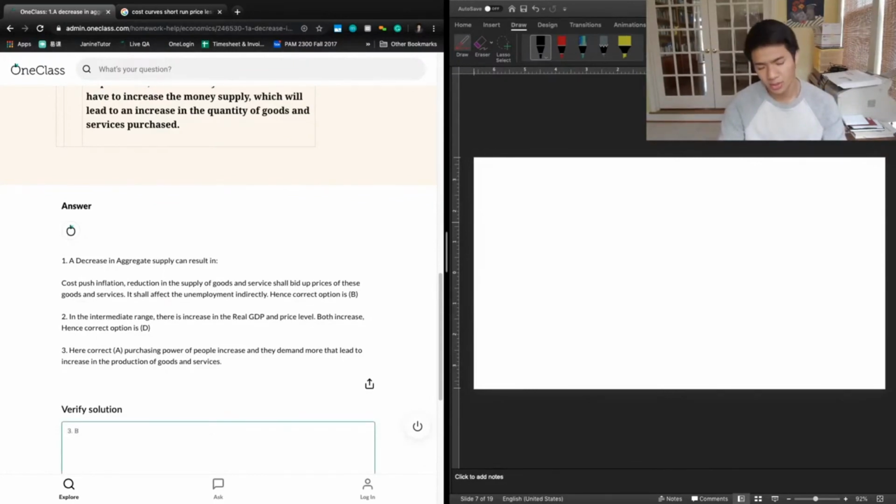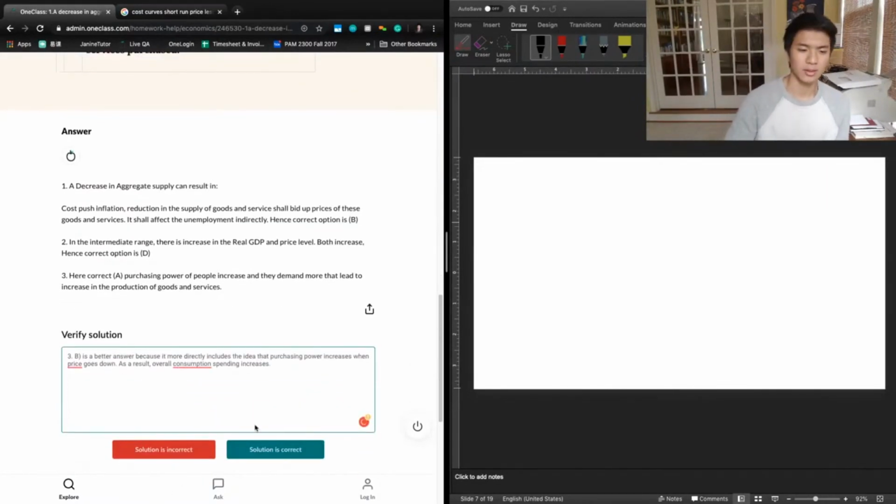The previous tutor similarly identifies an increase in purchasing power as the reason for an increase in purchasing, and that is just better suited towards answer choice B. B is a better answer because it more directly includes the idea that purchasing power increases when price goes down. As a result, overall consumption spending increases. And so that's going to be the best answer there.